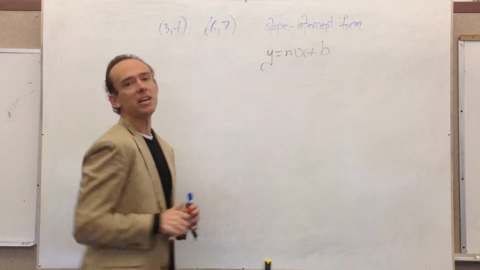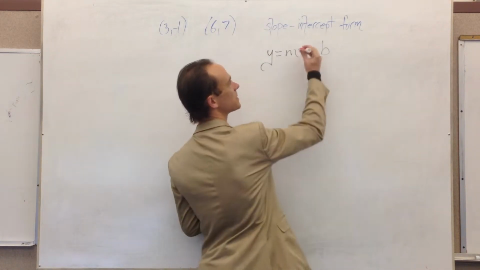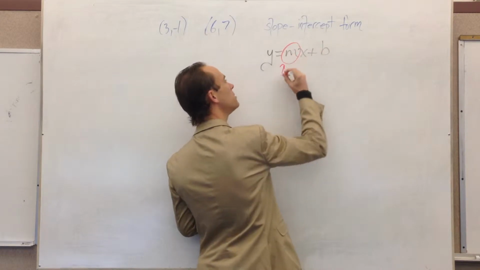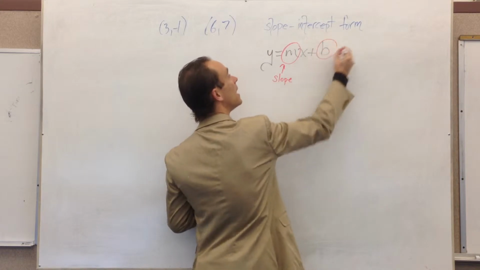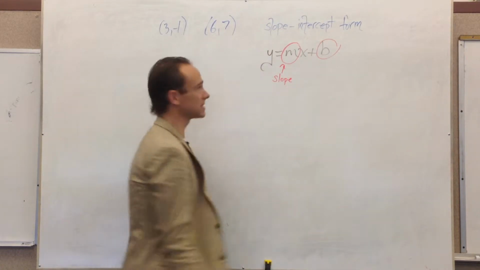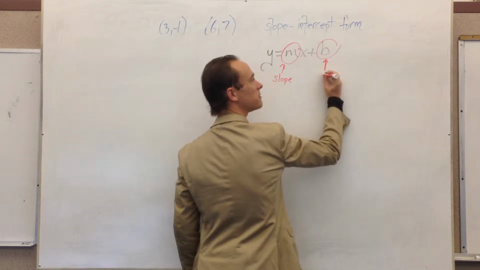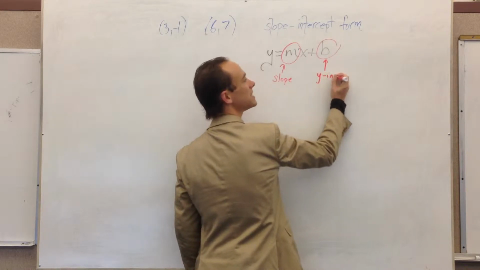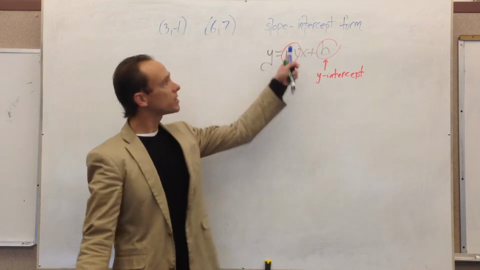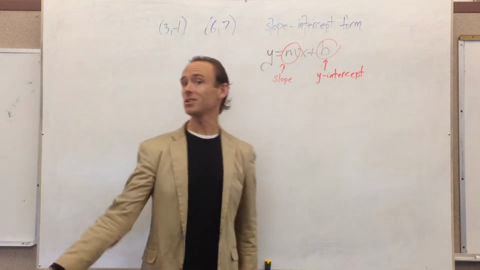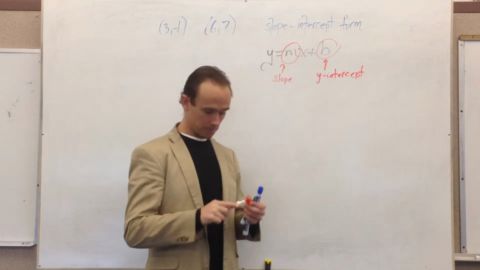Well, they call it slope-intercept form because it gives you the slope and then it gives you the intercept. The first thing it presents is the slope, which we denote with an m, and then it presents the intercept, which we denote with the b.